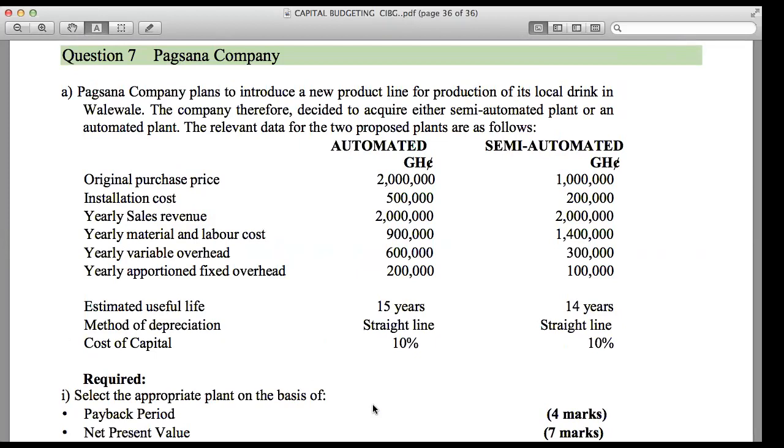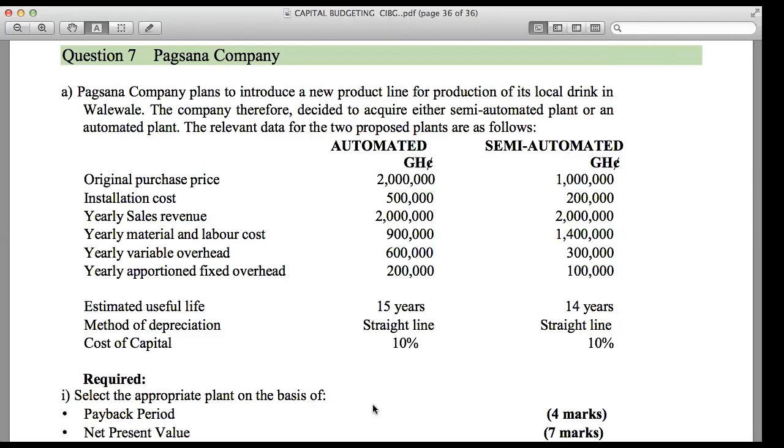So for the automated plant, the details are there, starting from the original purchase cost, yearly sales revenue, yearly material and labor costs, and yearly apportioned fixed overhead.